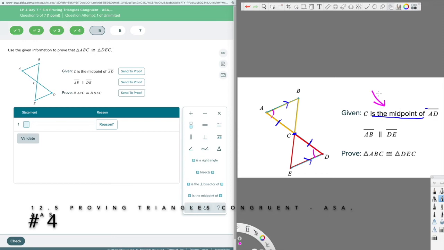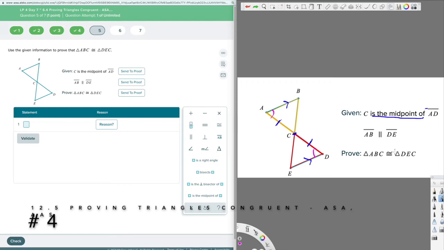Otherwise, how do I know that AC is congruent to CD, based on the midpoint definition, if I wasn't given that it was a midpoint in the first place? Hopefully that idea makes sense: there's definitely more than one way to put these into the proof. There are certain things that need to go first, but I can do other pieces out of order and it's not going to change the outcome.